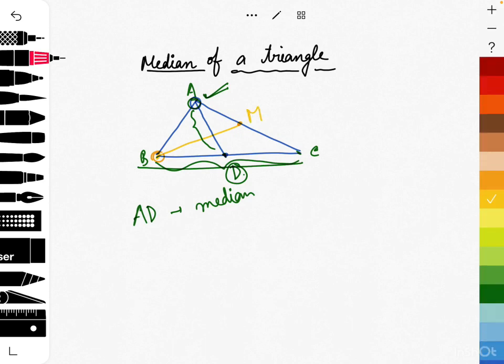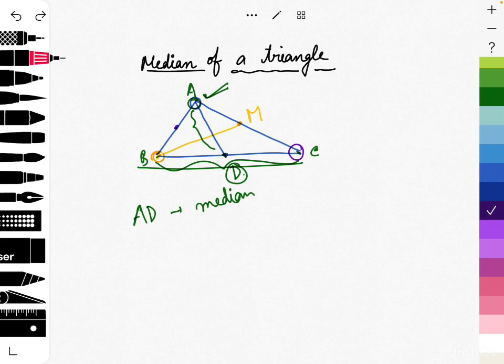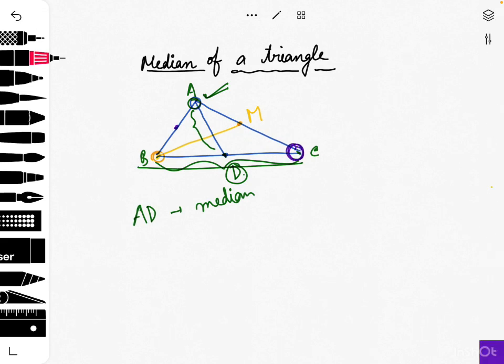Similarly, from the vertex C, we are taking the midpoint of AB, as AB is the opposite side of the vertex C, and we are joining the midpoint of AB and the vertex C. Suppose I am giving it the name CN. So, BM is also a median, CN is also a median.